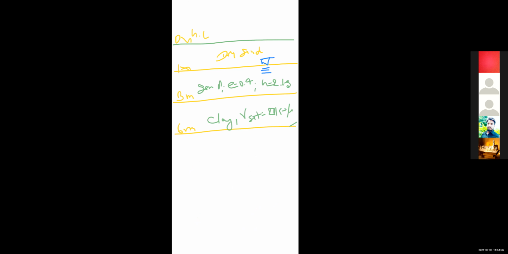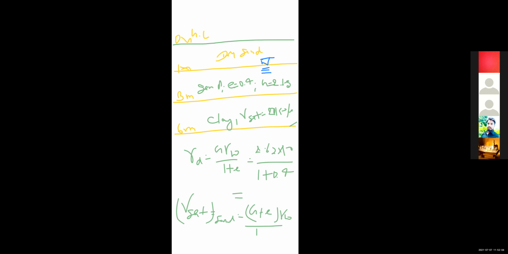Value of gamma D equals G gamma W divided by 1 plus e, that is 2.65 into gamma W, which we can write as 10, divided by 1 plus 0.4. So how much is the value? Similarly, we can calculate gamma sat for sand: G plus e into gamma W divided by 1 plus e. So how much is the value of gamma D and gamma saturated?